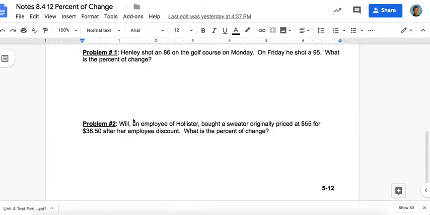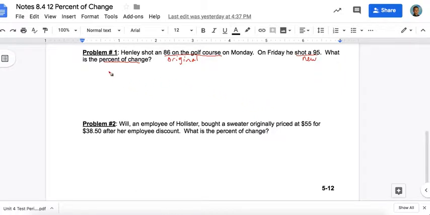So problem number 1 says Henley shot an 86 on the golf course on Monday. On Friday, he shot a 95. What is the percent of change? So this is going to be the original amount here on Monday, and then the new amount is the one that occurred on Friday.